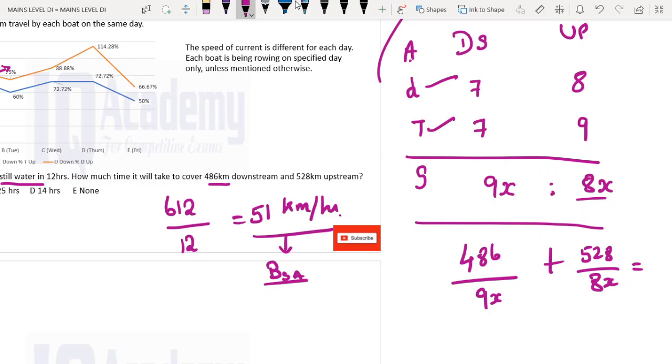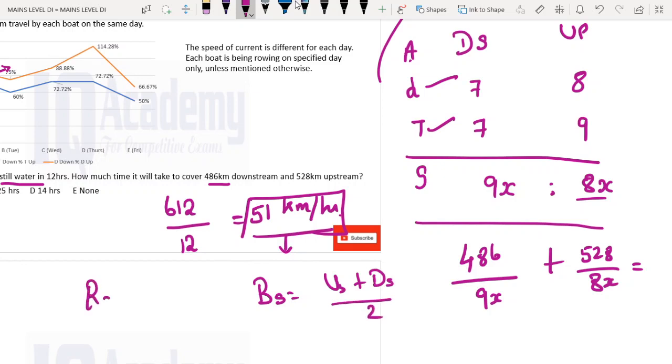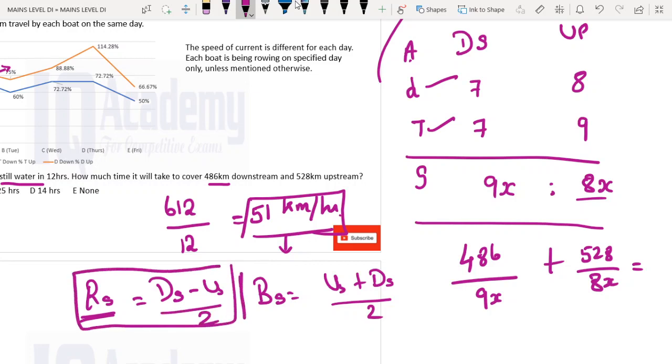And we know the boat speed is 51 kilometer per hour. So remember, boat speed is equal to upstream speed plus downstream speed by 2. River speed or current speed or water speed is equal to downstream speed minus upstream speed by 2. You should remember this. So if you want to find the boat speed, you should add upstream speed and downstream speed and divide it by 2.